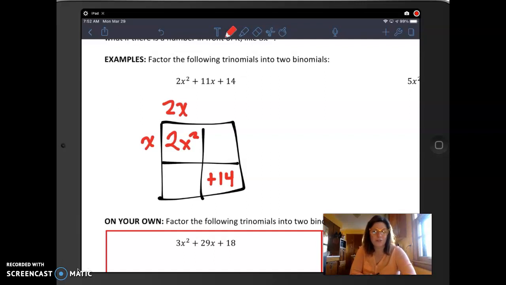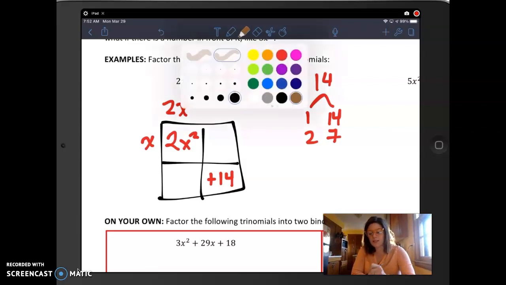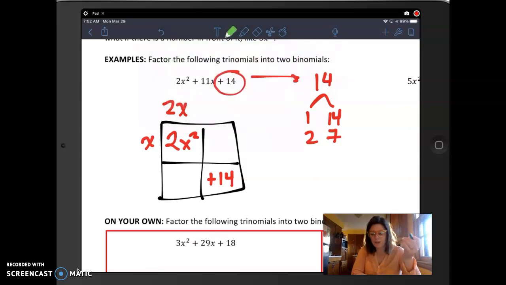So what does that mean for the rest of the numbers? Well, we still need two numbers that multiply to 14. We can do 1 and 14 and 2 and 7. And it does matter which one we put where. So let's take a look and try a random example. We are going to try 1 and 14.